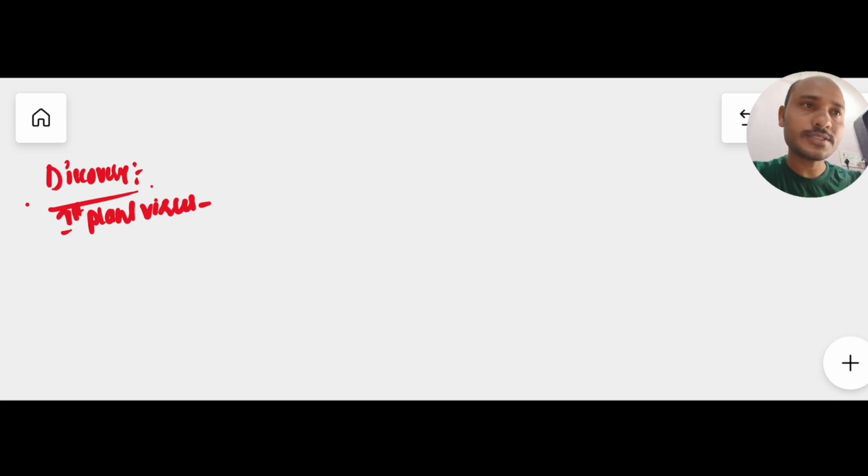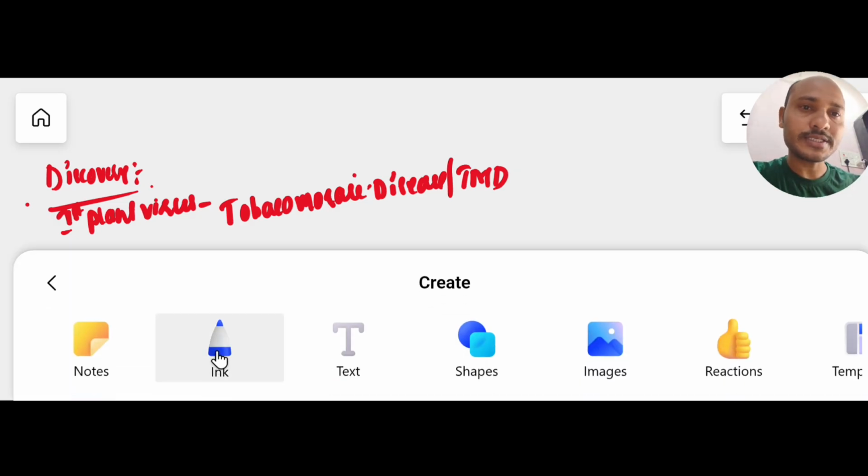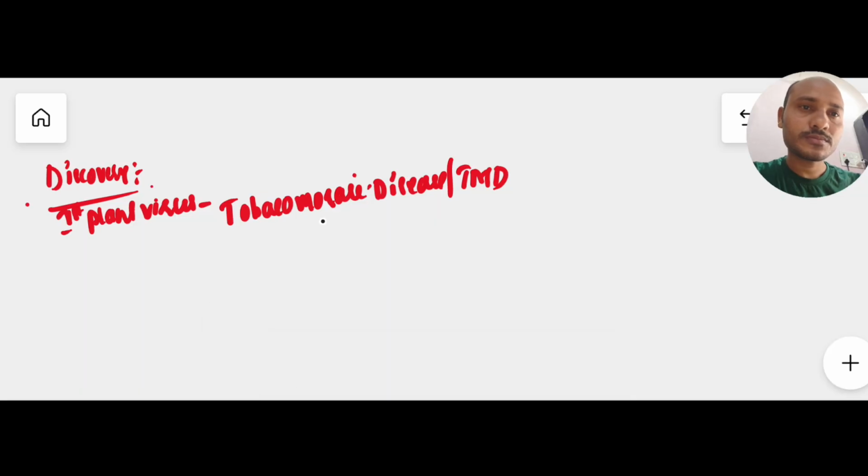The first plant disease discovered was tobacco mosaic disease, simply TMD. This disease was first discovered by a Russian scientist, Dmitry Ivanovsky, in 1892.